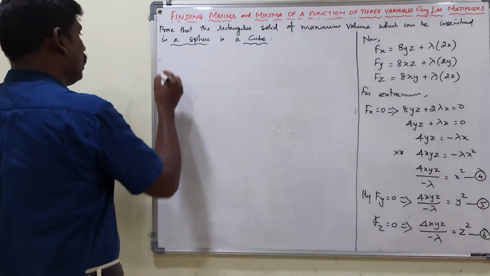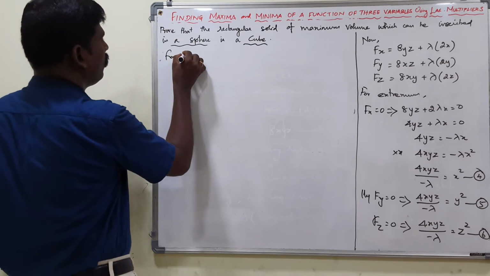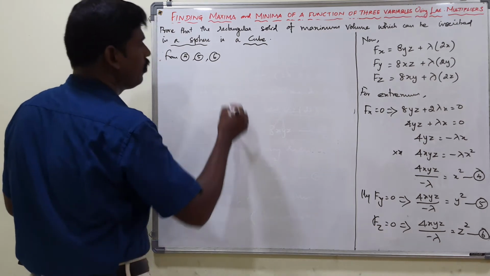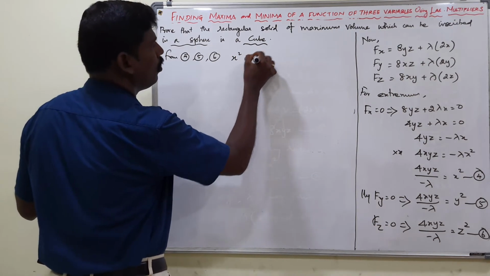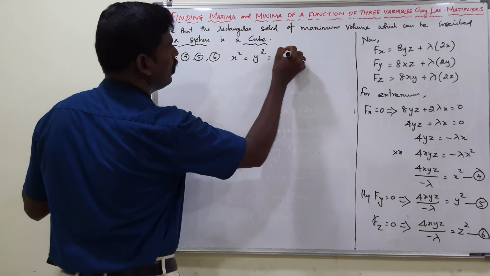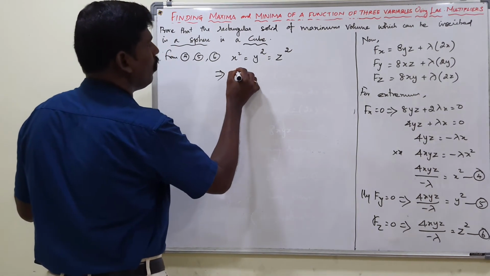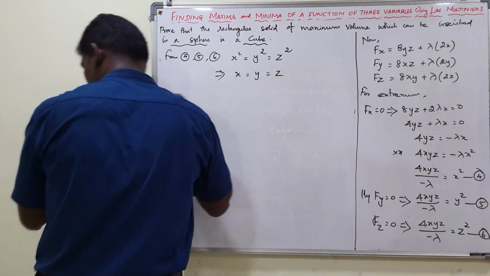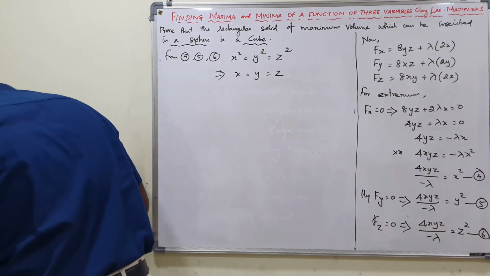Right? Therefore, from 4, 5, 6, what we can find out? x square is equal to y square is equal to z square. Taking square roots, x is equal to y is equal to z. Therefore, all are equal. So, as given.